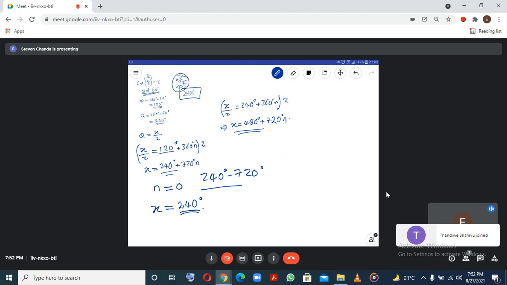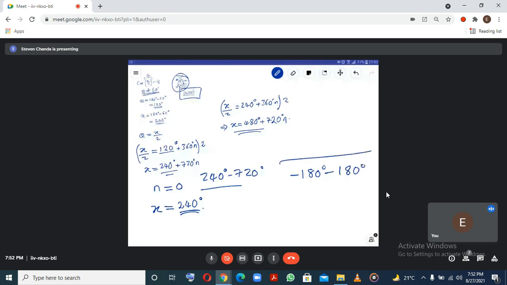Sometimes they'll give you a range such as -180 to positive 180. That's where these things come in handy. So sometimes you can plug in a -1 and you might get a negative answer that may actually be an answer, but because of the range that we were given, from 0 to 360, when we put a negative there, the answer becomes negative, which is outside our range.